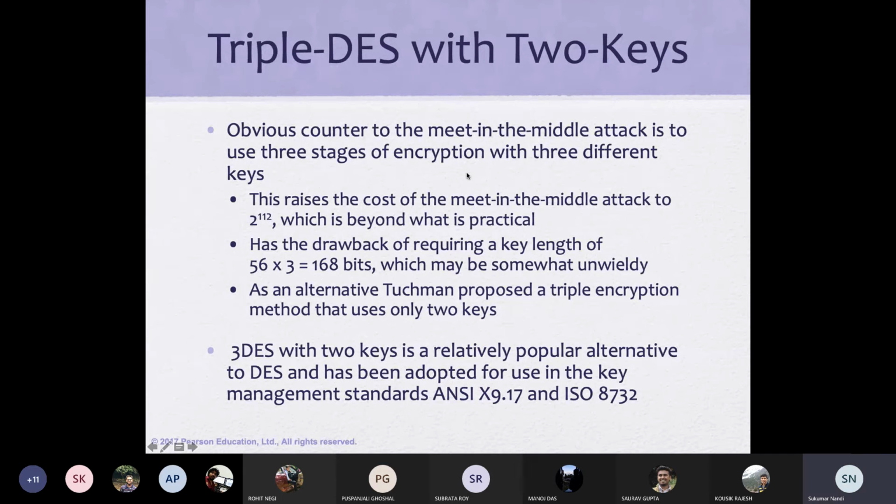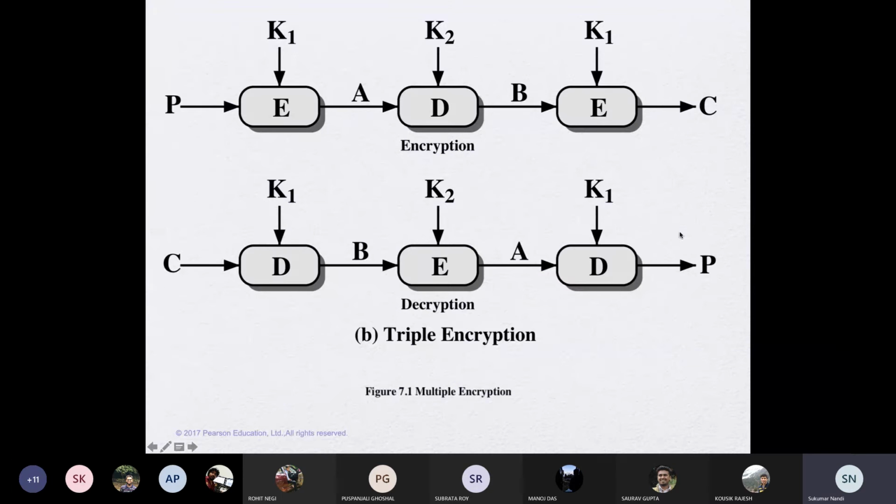Then I discussed triple DES, with two keys, K1 and K2, already discussed. Again, a notation problem: in this picture, notation P is plaintext, but we have discussed M as the plaintext, but the rest remains the same.